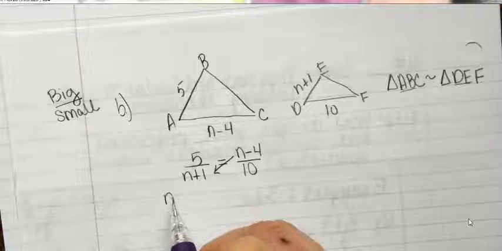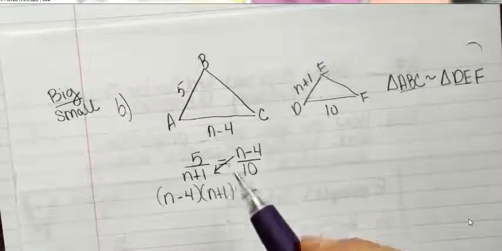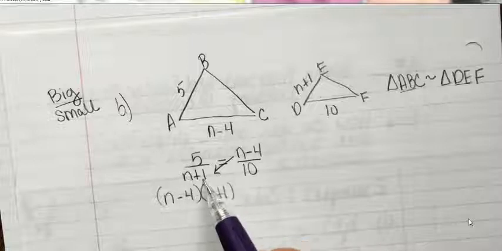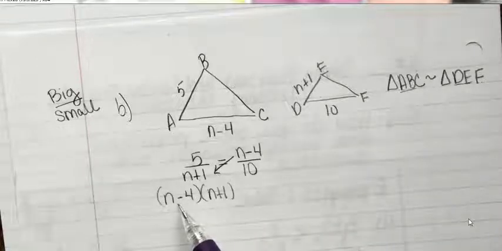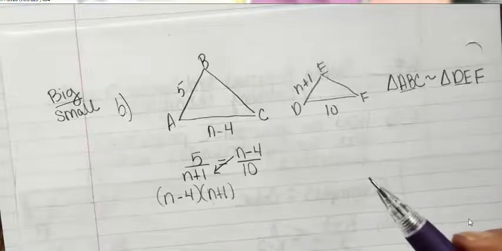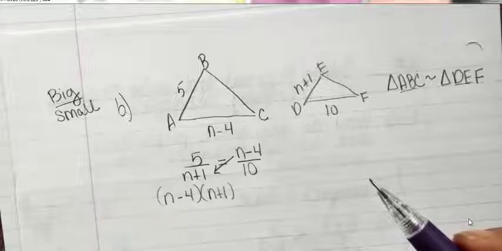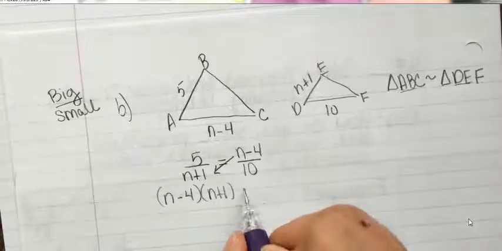Now, when I write this out, n minus 4 times n plus 1, this is not n squared minus 4. Okay, remember, multiplying two binomials gives you a trinomial unless it's a special case, like a difference of two squares, which would give you a sum and difference pattern here, but we'll talk more about that later.